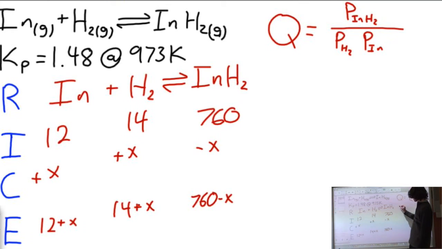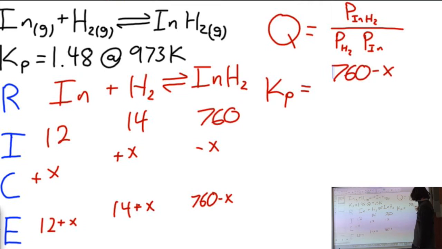We can calculate that pretty easily by saying that Kp, a known, is equal to these 3 pressures, right? So the pressure of indium hydride is 760 minus x, divided by the pressures of indium and hydrogen.